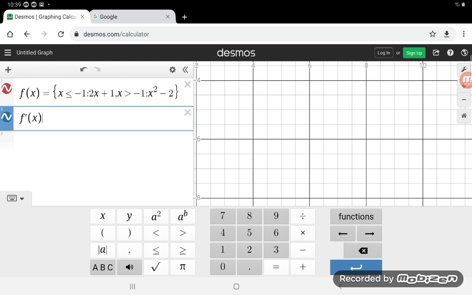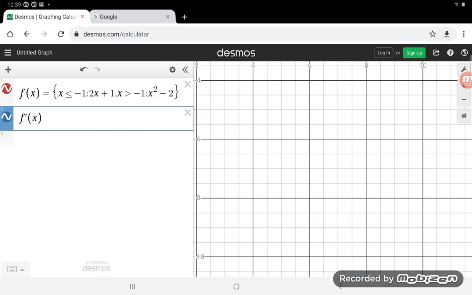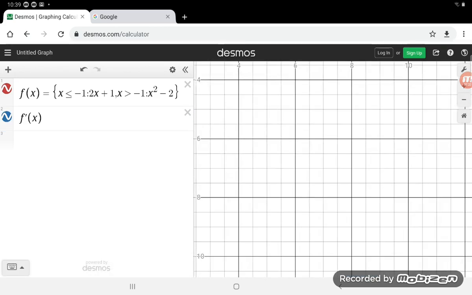Unlike the way we usually write it, where we give how the function is defined first and then the domain, in Desmos you give the domain, colon, and then how the function is defined, all inside curly braces.